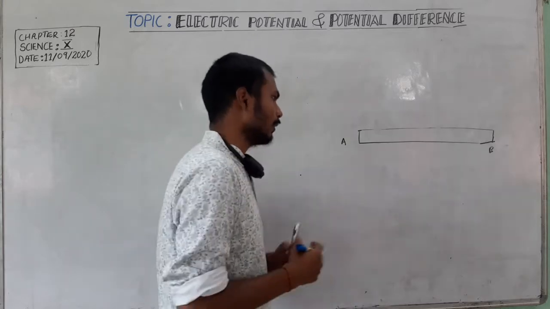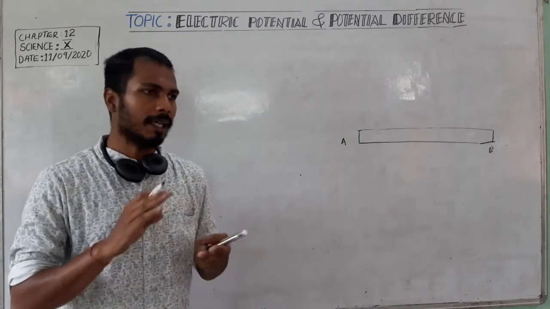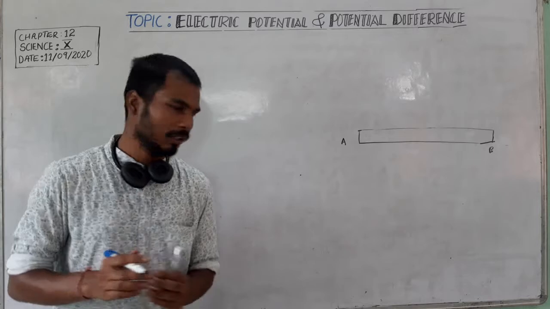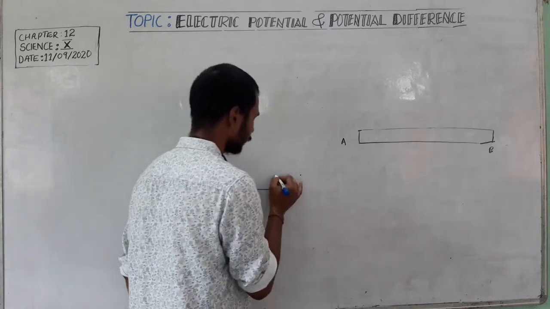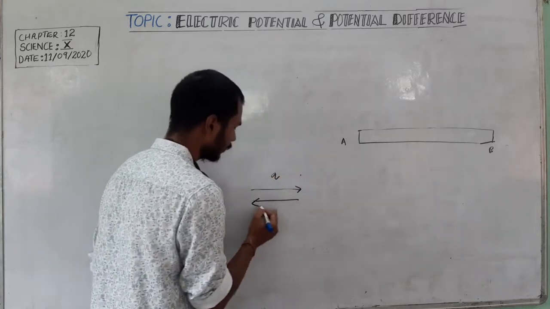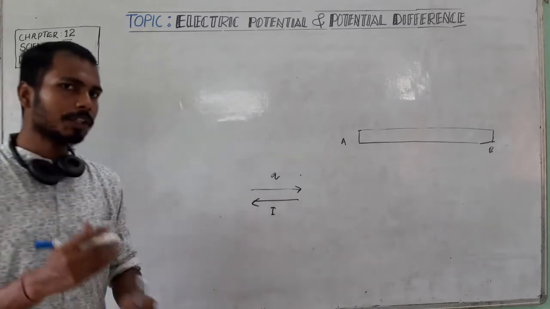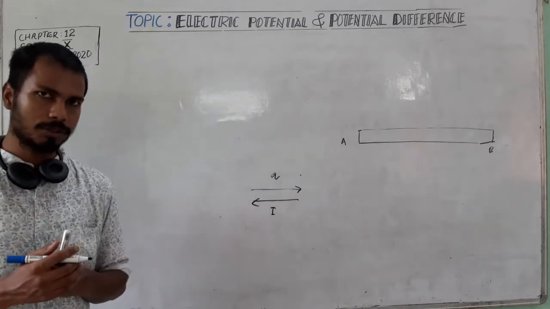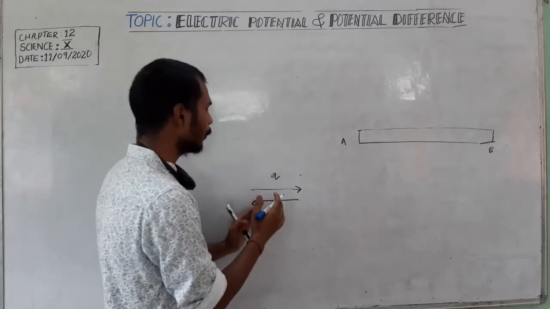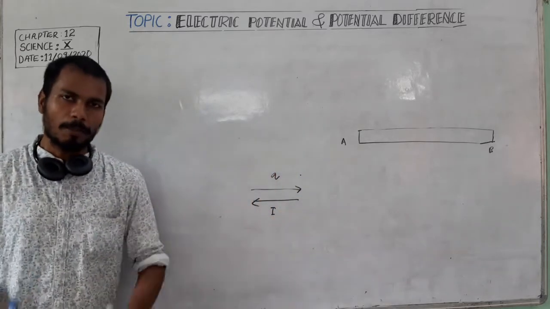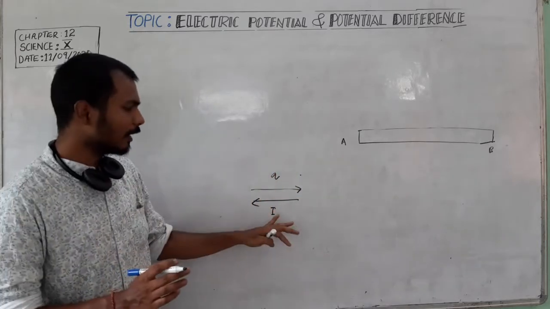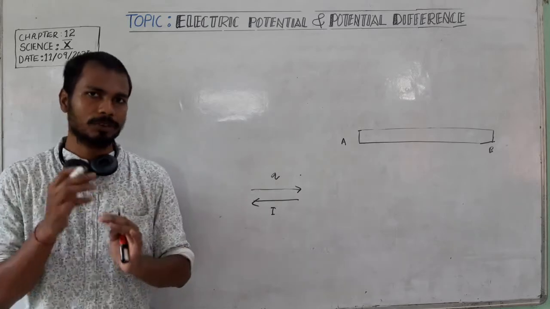As I told earlier, the movement of charge and current are different. If charge is moving in this direction, then current is always in the opposite direction. Current is always opposite to the movement of charge, or we can say charge always moves opposite to the current.